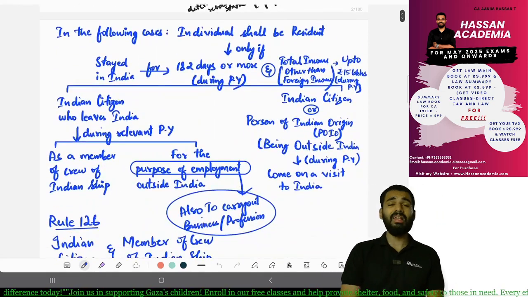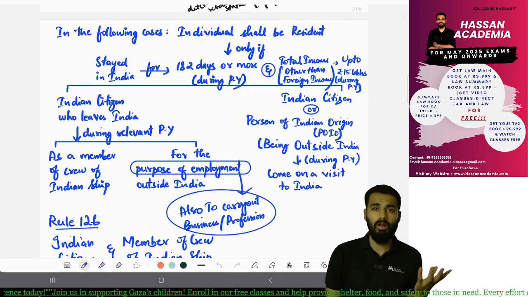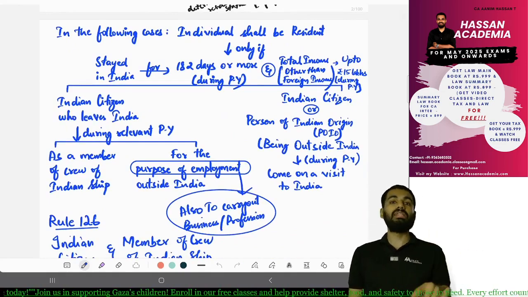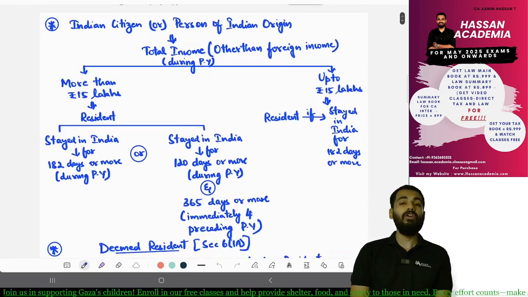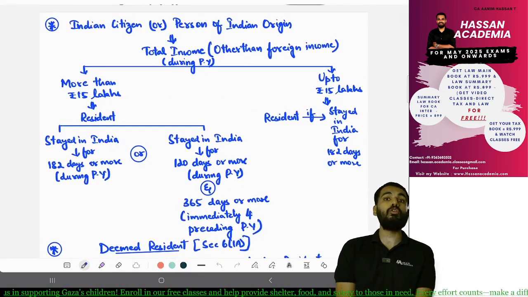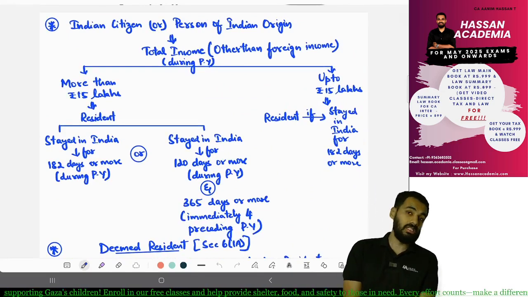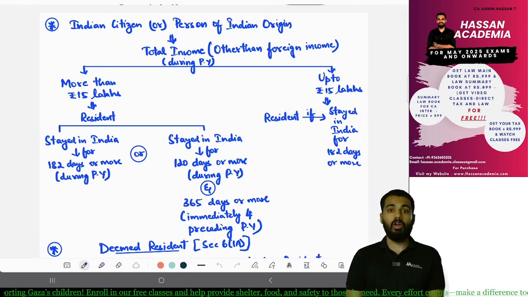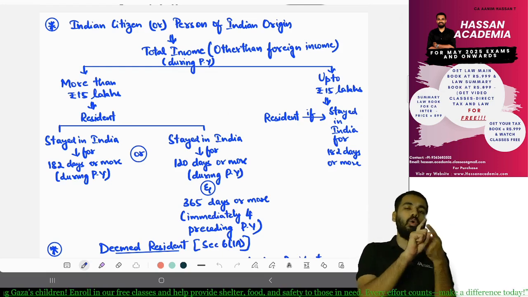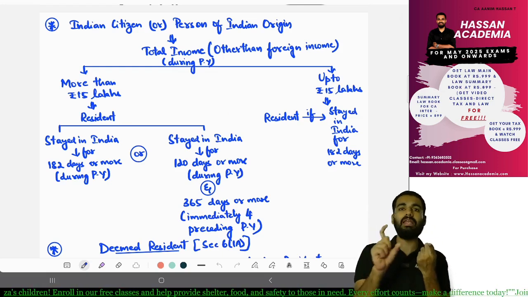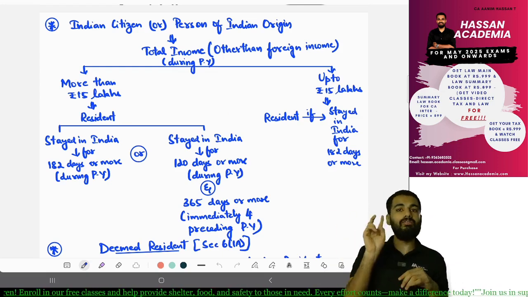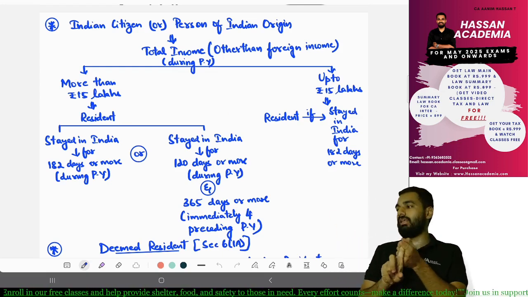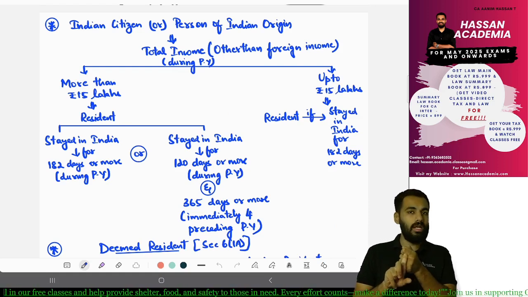But there are a few situations that say otherwise. For example, if an Indian citizen or person of Indian origin has Indian income, which is total income other than foreign income, of more than 15 lakhs, then we have to see whether he stayed in India for 182 days or more.